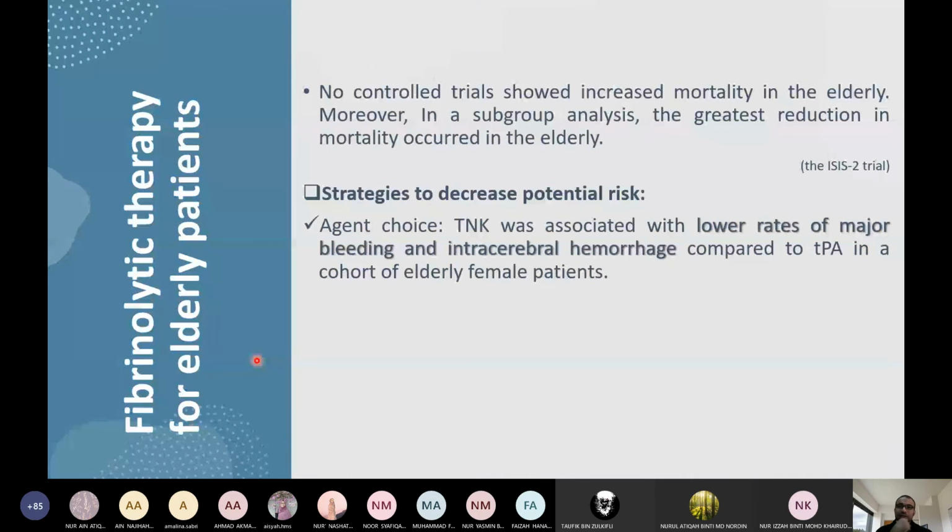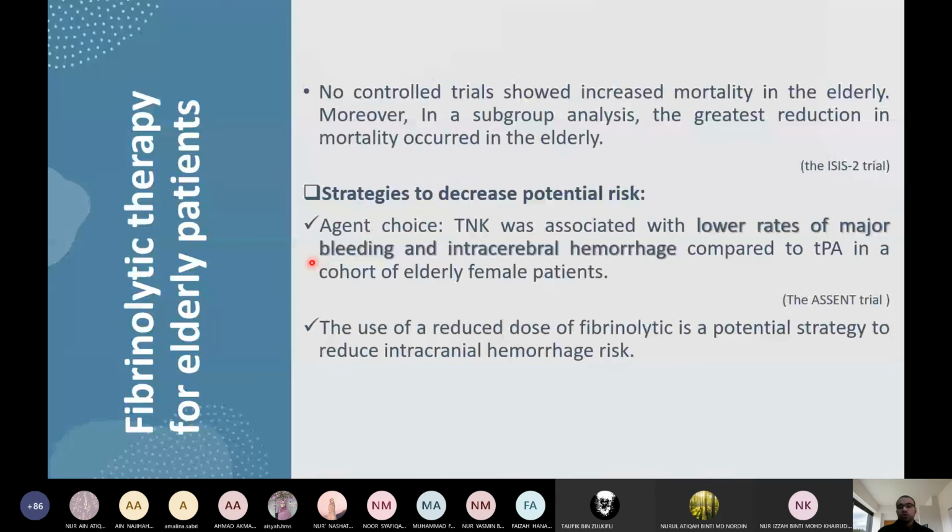So for the agent of choice, it is recommended, as we highlighted, that tenecteplase causes less bleeding. So perhaps in those patients with relatively higher risk, the less bleeding associated medication, tenecteplase, would be preferred. This has been shown in one study among elderly patients, including females, who had considerably low rates of major bleeding or intracerebral hemorrhage. The use of reduced-dose fibrinolytic therapy is also one of the strategies, not giving the full dose. Okay.